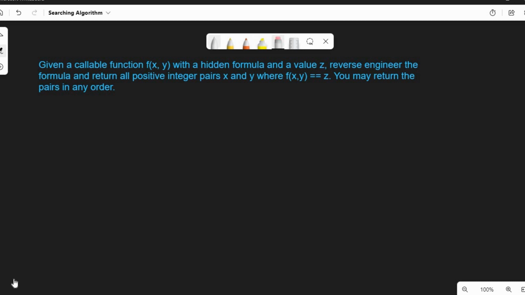The question is saying that we have a custom function which takes x and y, and we have to find the target 5.